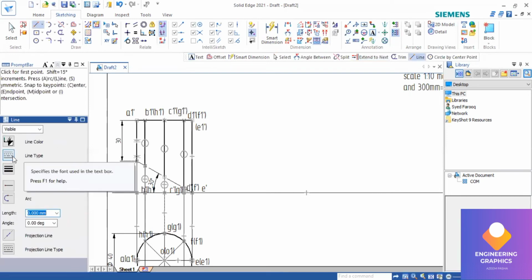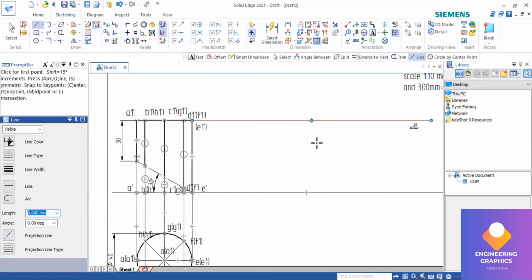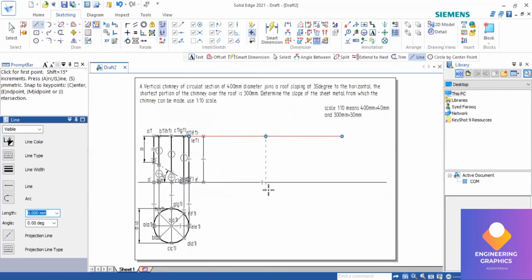You can see the prism and cylinder development is constructed using the parallel line method. That's why I draw the parallel lines. So here the total length is pi d.